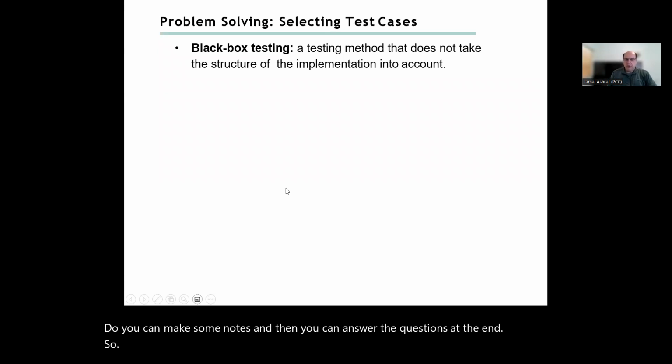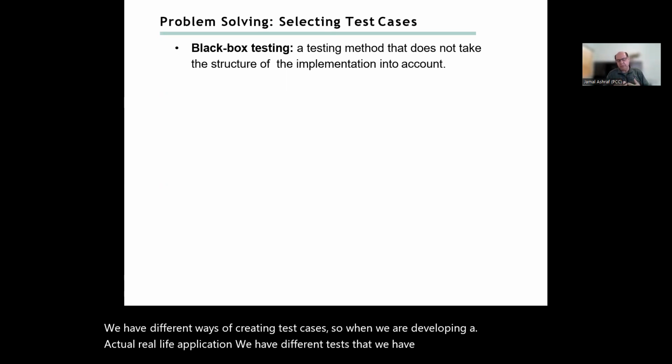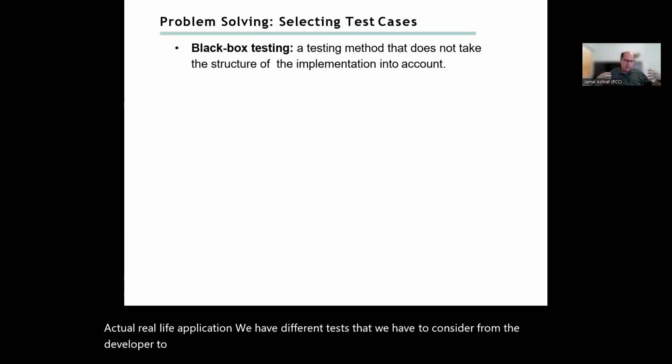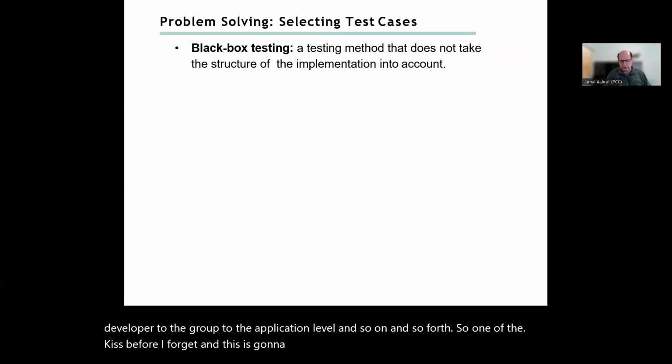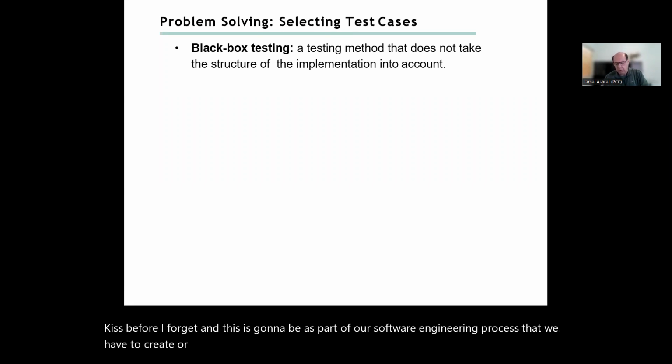We have different ways of creating test cases. When we are developing an actual real life application, we have different tests that we have to consider, from the developer to the group to the application level, and so on. One of the tests, before I forget, and this is part of our software engineering process, is that we have to create our test cases as part of the design.